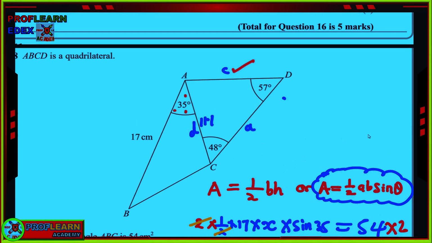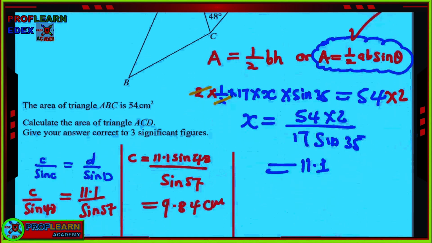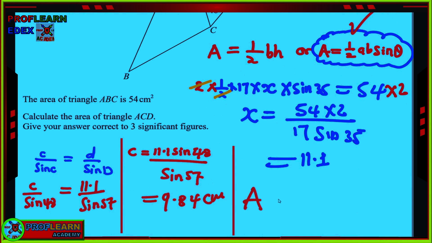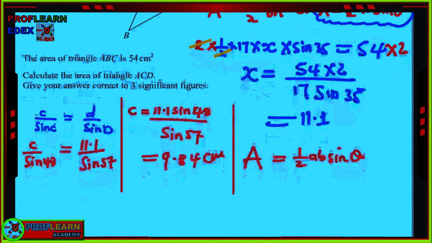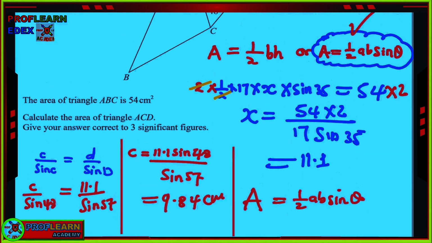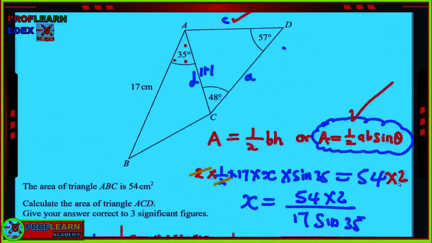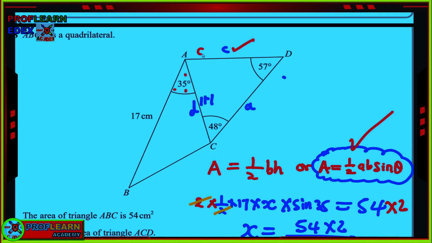we can apply this formula again and say area is a half ab sine theta, whereby a and b are those sides which are forming that angle. 9.84 is this side, 11.1 is this side.